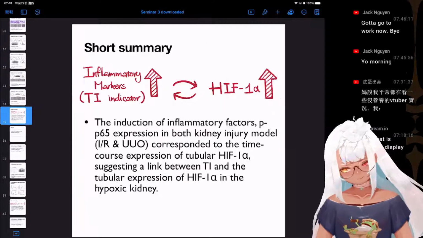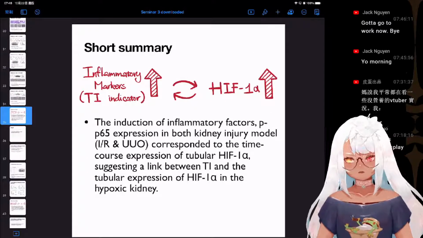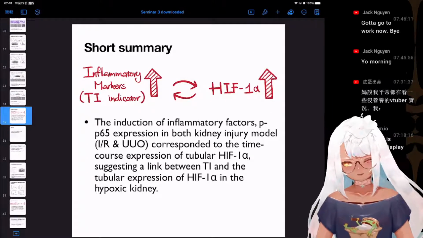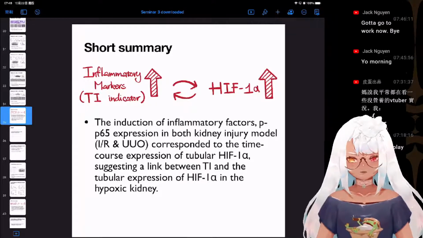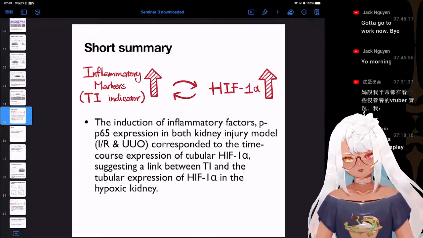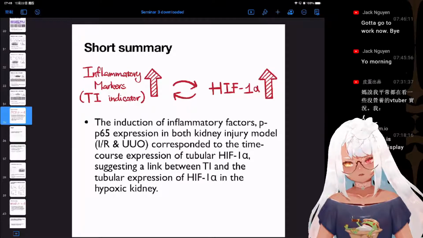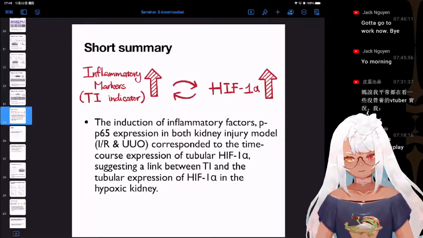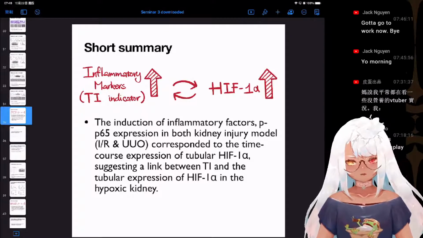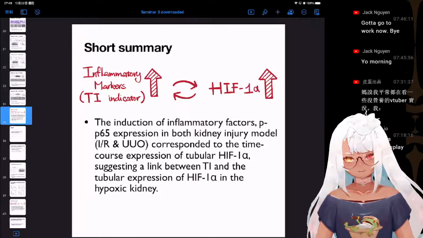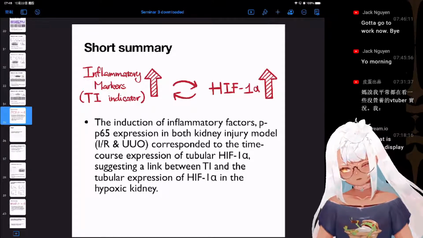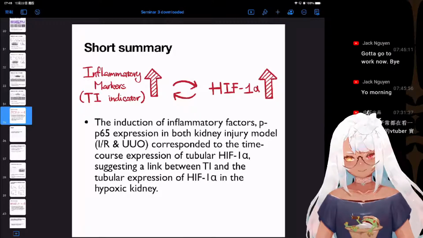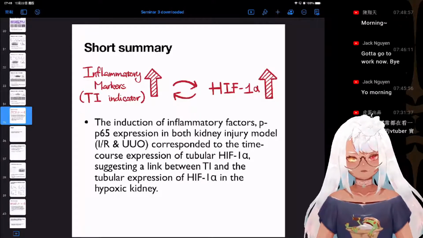So from here we can see that the inflammatory markers MCP1, interleukin 1 beta, NF-kappa B, and phospho-P65 expression in both kidney injury models correspond to the time course of the induction of HIF1 alpha, which indicates that there's a link between TI and HIF1 alpha.